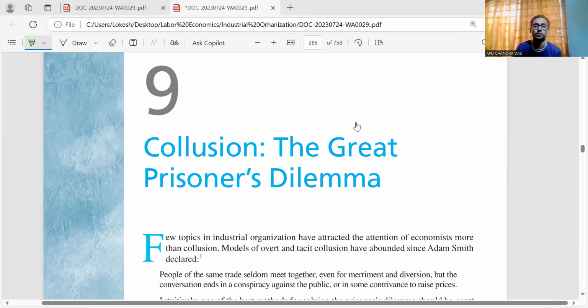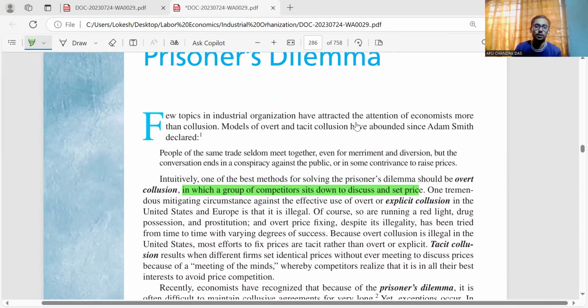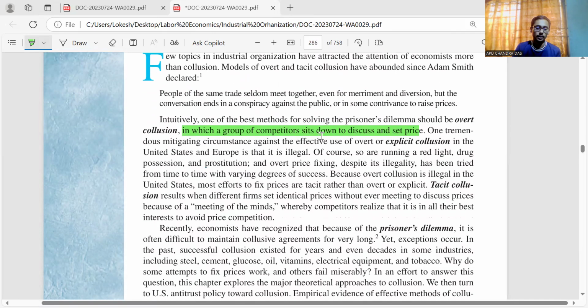In this video, I'm going to talk about collusion, the great prisoner's dilemma. At the start of this chapter, we need to know the various types of collusion and its application in the real world. Firstly, the collusion type is overt collusion, and we are defining overt collusion as a formal explicit agreement between two groups or companies to coordinate their actions.